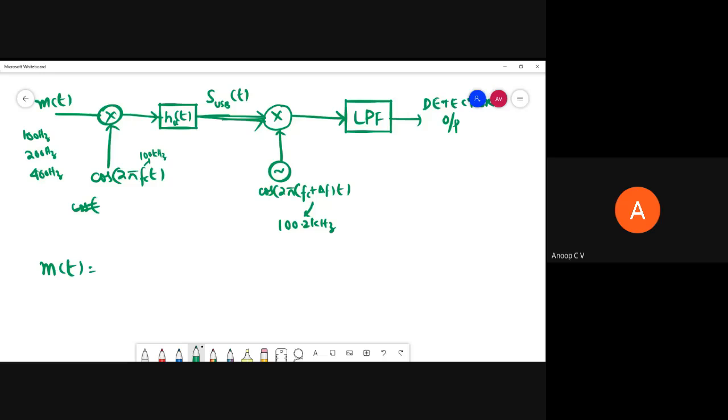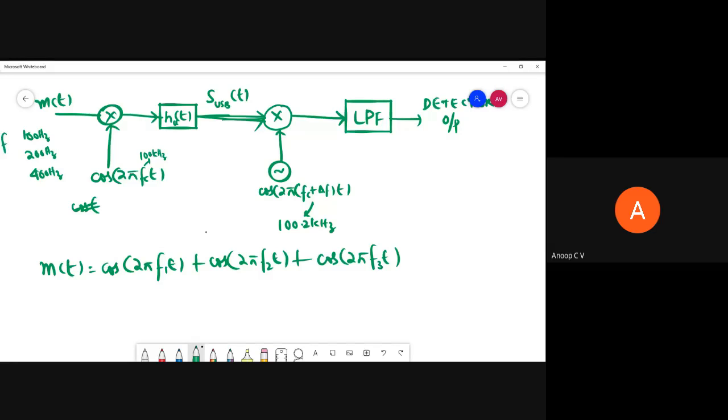If there are three frequency components, what you do is you consider three different cosinusoids with three different frequencies. So I'll consider cos 2 pi f1 t plus cos 2 pi f2 t plus cos 2 pi f3 t, right?